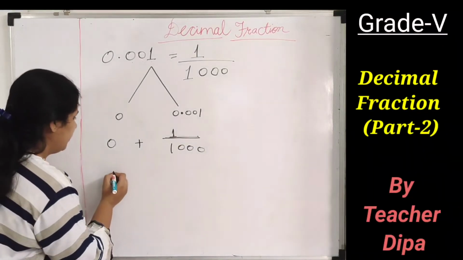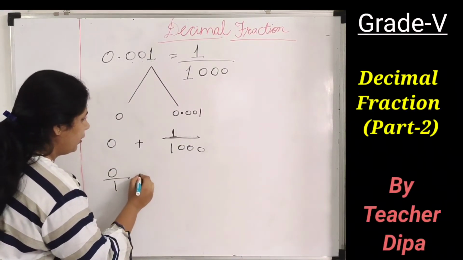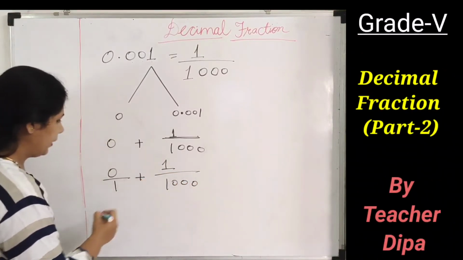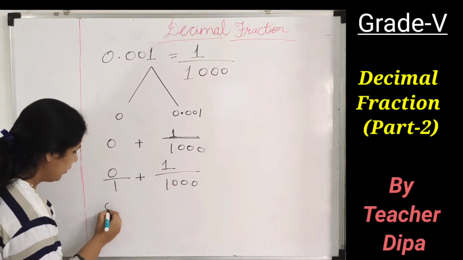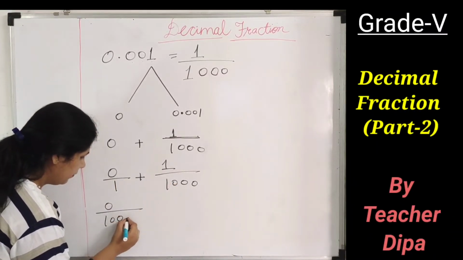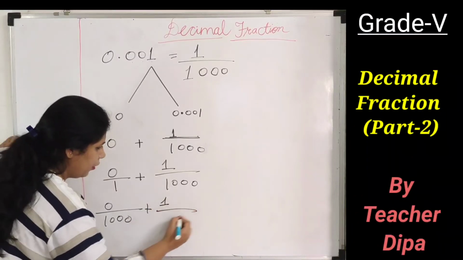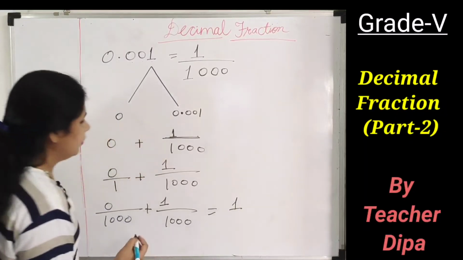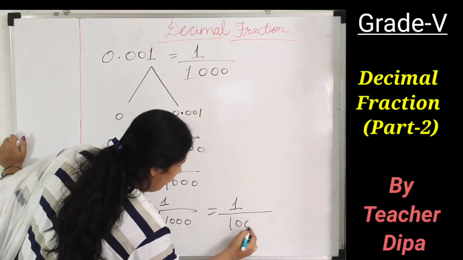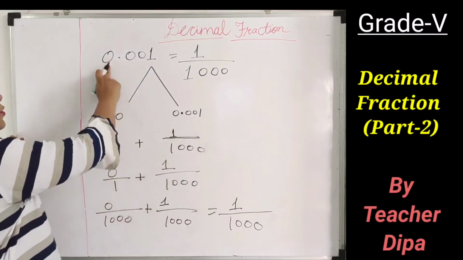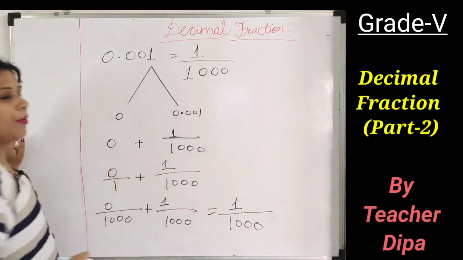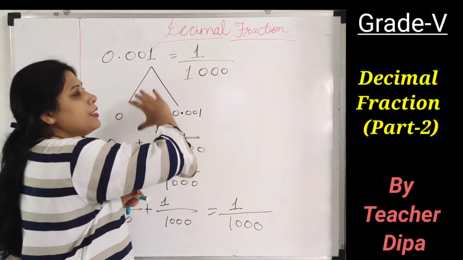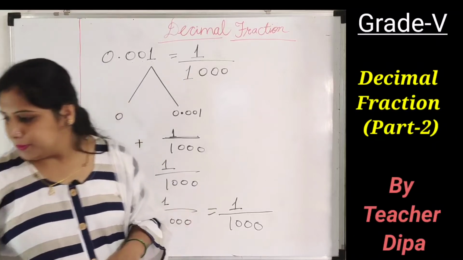So this will become 0 upon 1 plus 1 upon 1000. If I am multiplying this with 1000, this becomes 0 upon 1000 plus 1 upon 1000, and this is 1 upon 1000. So the conversion for 0.001 will be in this method. I hope you are clear with the topic. So this is how to convert decimal numbers into fraction form.